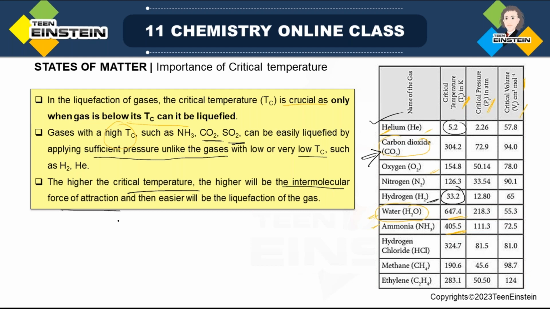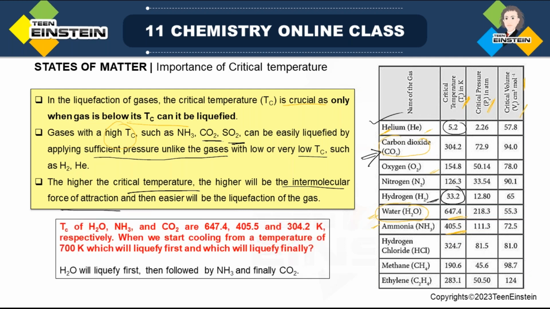When critical temperature is low, take hydrogen as an example, the interaction between two hydrogen molecules, the force of attraction, is very weak, so you cannot bring them close. But if critical temperature is very high, the interaction between two particles is already very high, so it helps us to bring them close together. That means liquefaction will be easier.